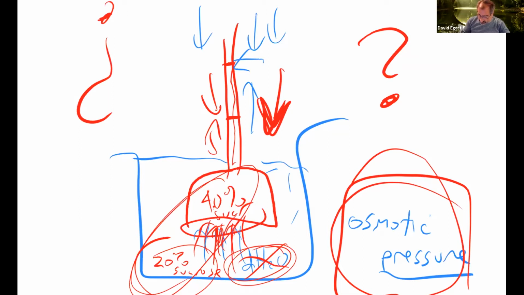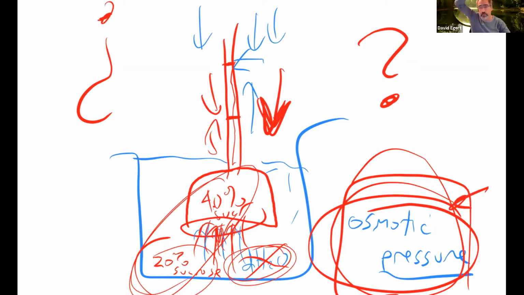It's the force due to osmosis, and to quantify it you push against it, and however hard you have to push to exactly balance it, that's the osmotic pressure. So it's the gravity. In this case, it's gravity. Okay.